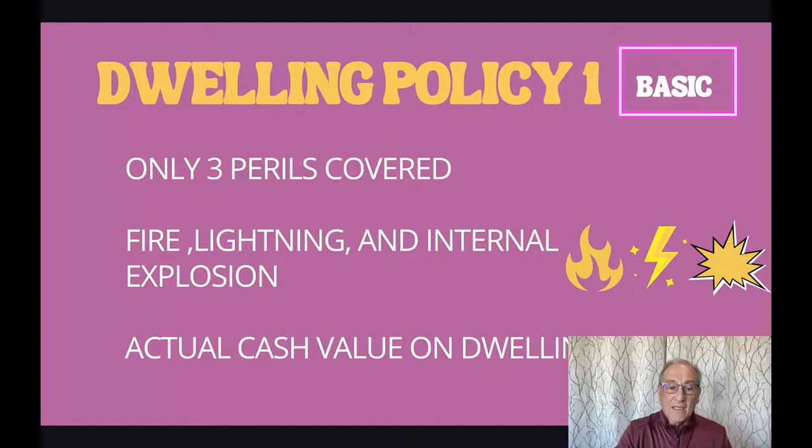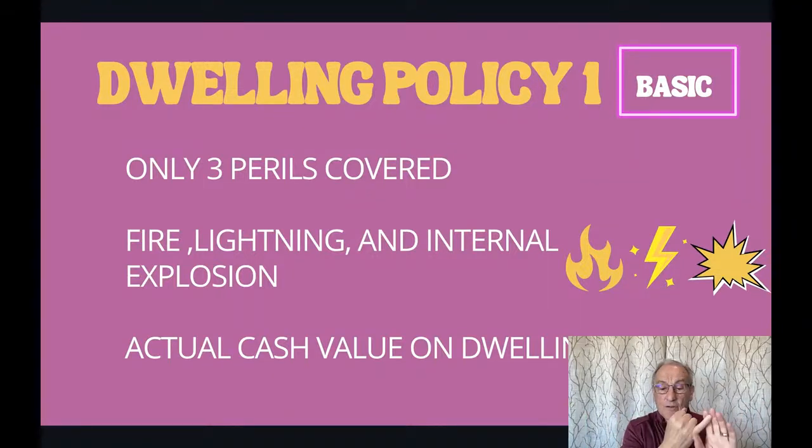Now, the big dwelling policy 1, the lowest level of coverage you can buy on a residence, only covers 3 perils. You can't get a policy with less coverage than this. Therefore, it's going to be the least expensive because it covers the least.